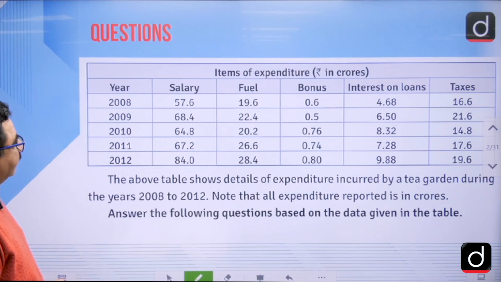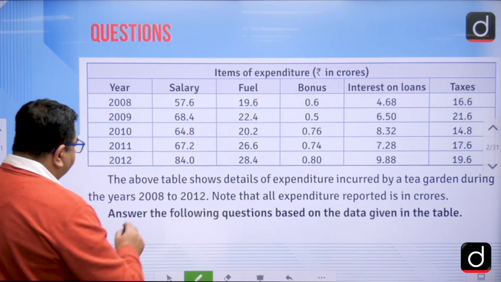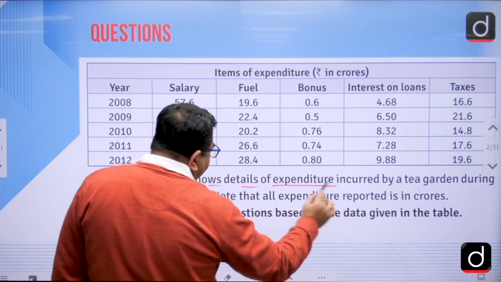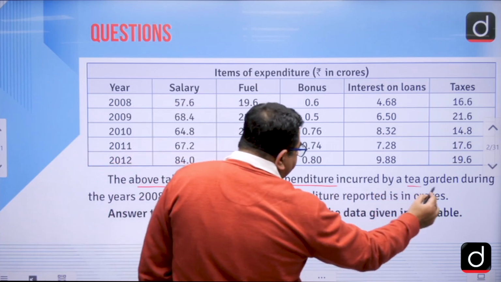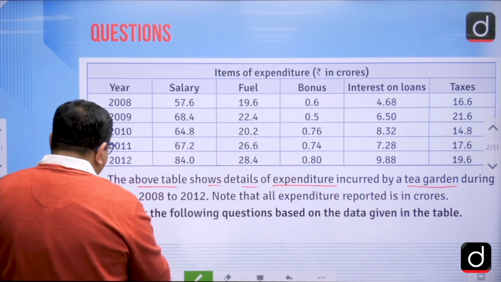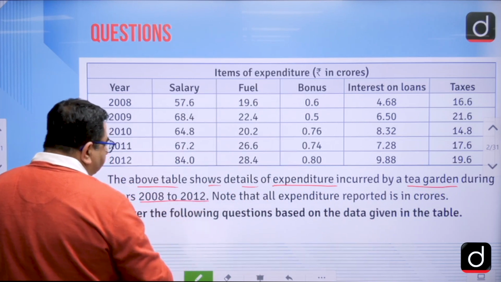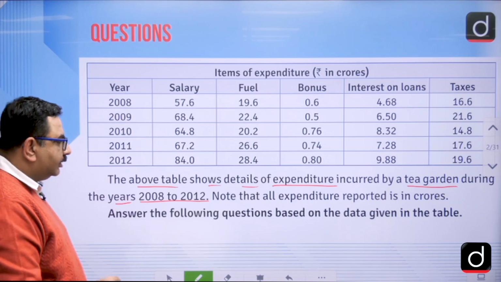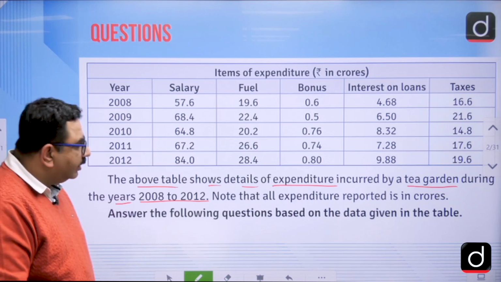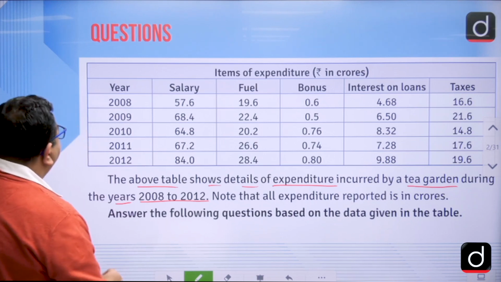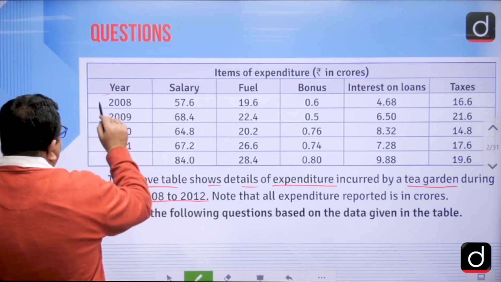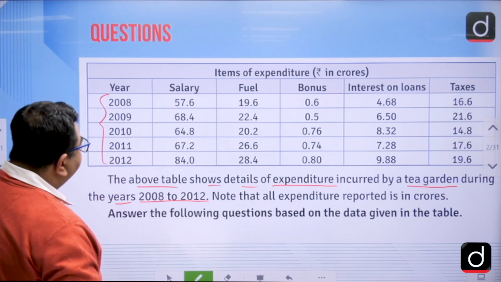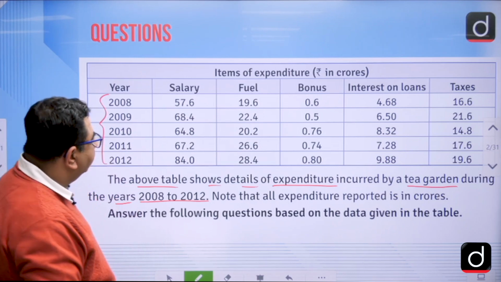Here one table is given. The above table shows details of expenditure incurred by a tea garden during the years 2008 to 2012. So from the year 2008 till 2012, we can see there are different heads on which expenditure is there.